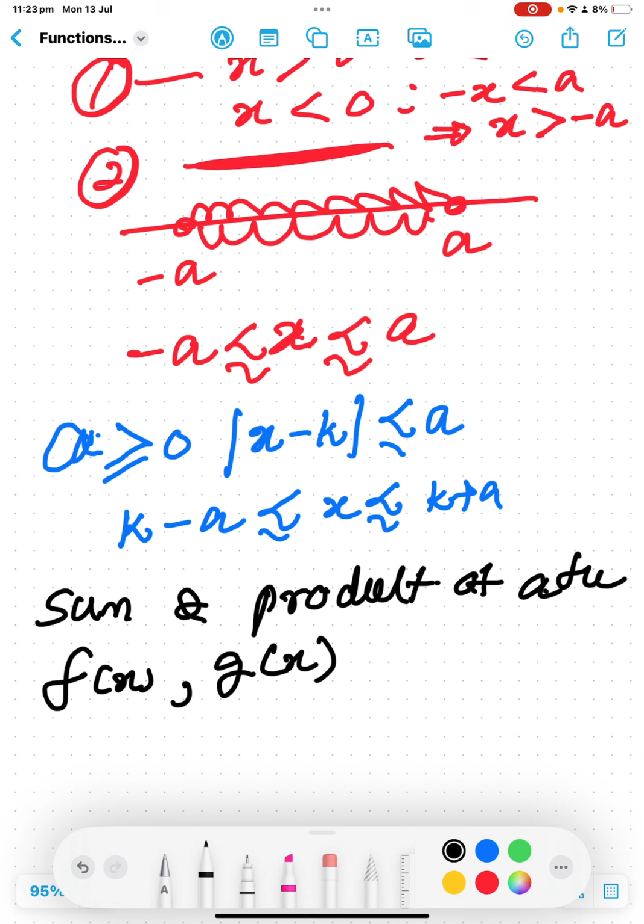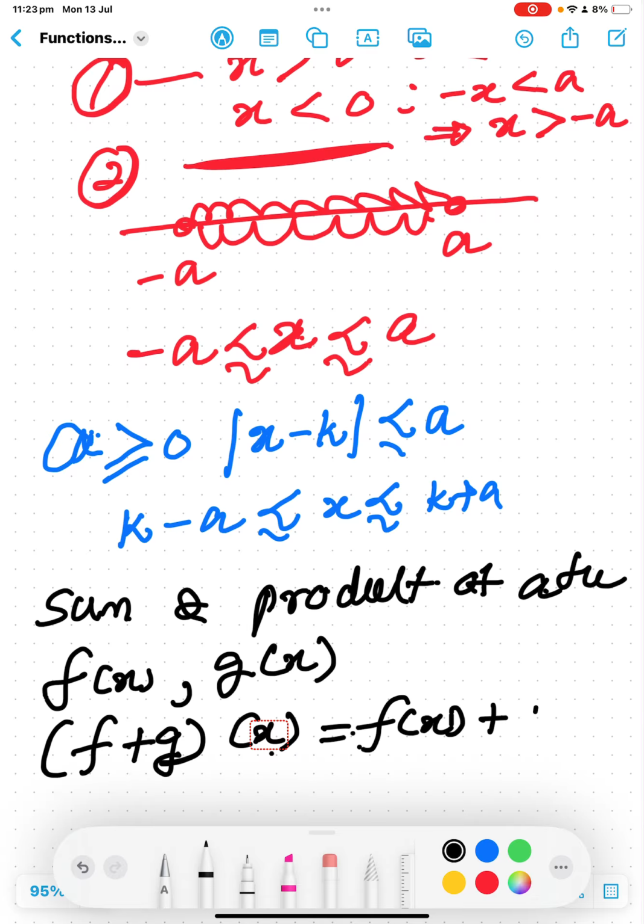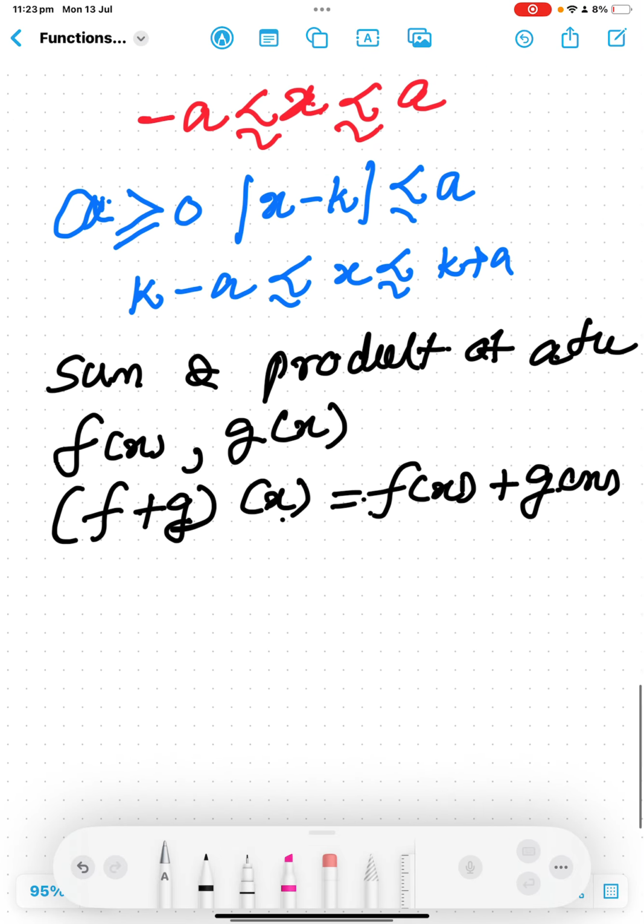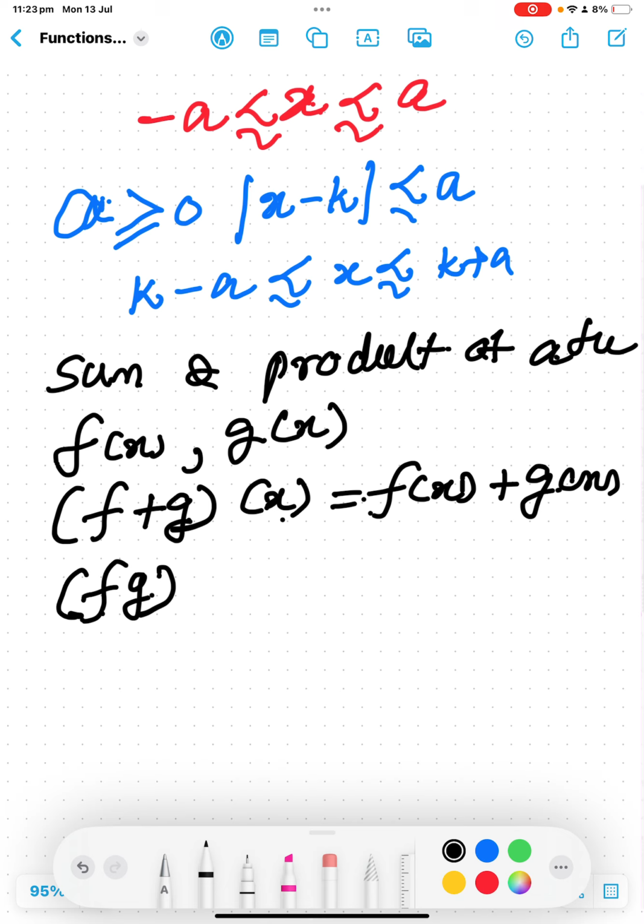So we define the sum as (f plus g)(x), and this equals f(x) plus g(x). The product of functions fg is defined as (fg)(x), that is f(x) times g(x).